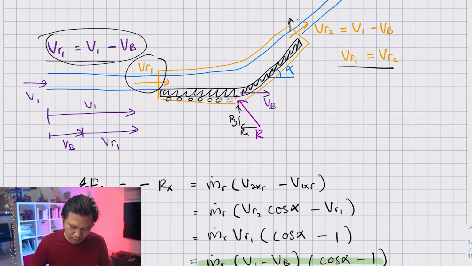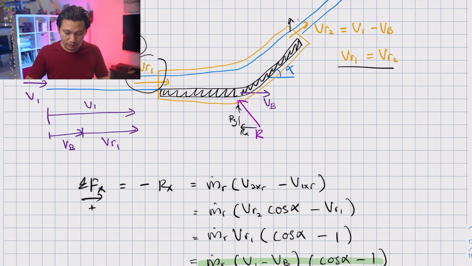So let me remove this roller here. This means that this vane could also have Rx and Ry. If I draw a roller there, it implies that this vane will move without restriction, which means that it doesn't have Rx. But the vane actually has Rx and Ry. So a little correction there.